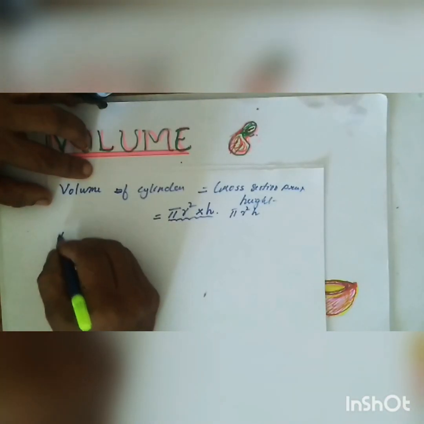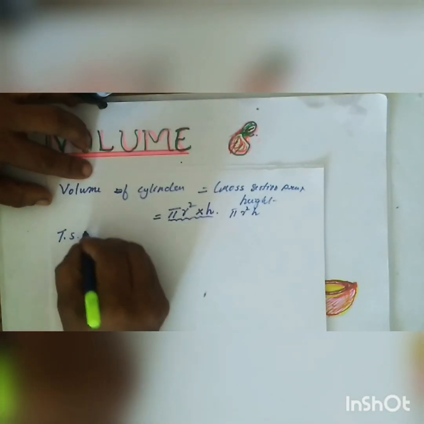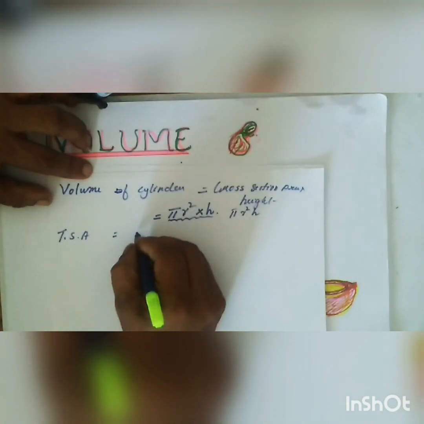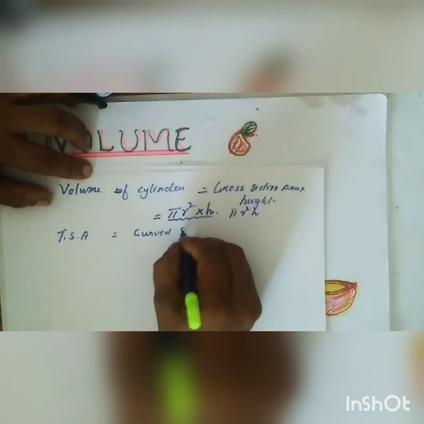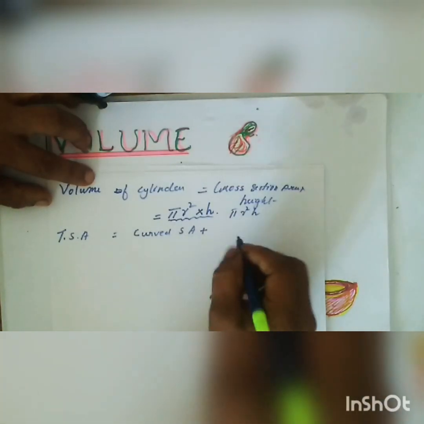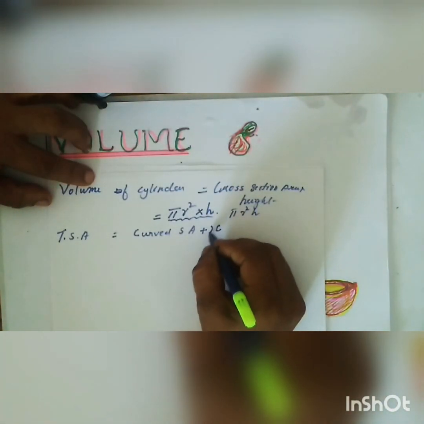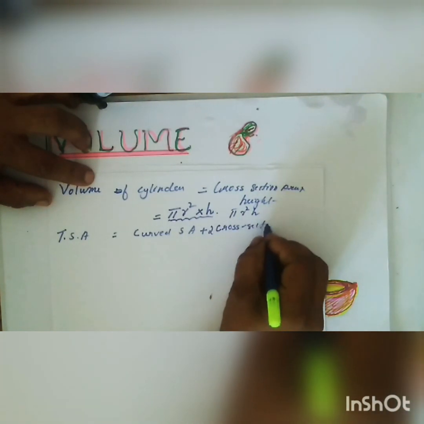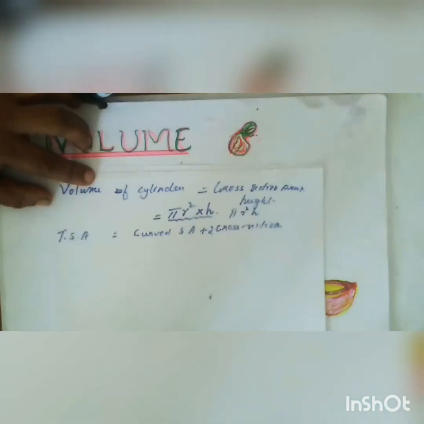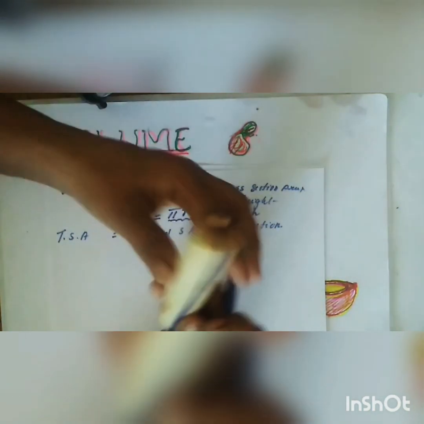Then total surface area. Total surface area is equal to curved surface area plus 2 cross section areas. I explain with this example.